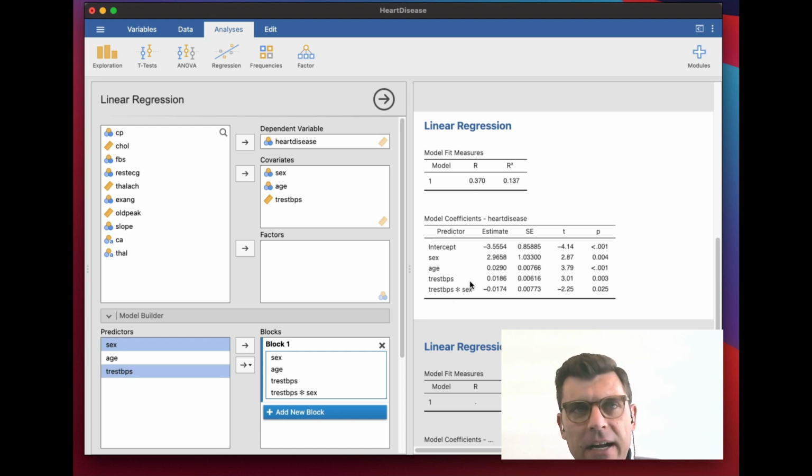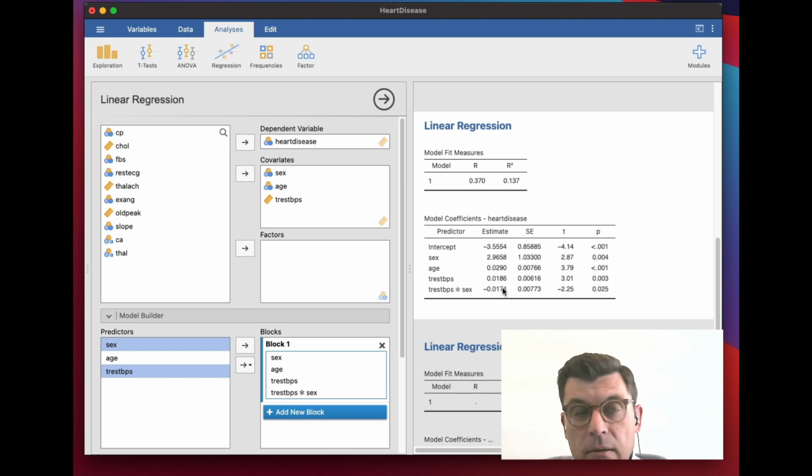And then finally, we have this interactive effect. The mechanical interpretation here is that the multiplied value of blood pressure times sex is negative 0.0174. The p-value is less than 0.05, it's 0.025, so we can say there's a significant interactive effect here.